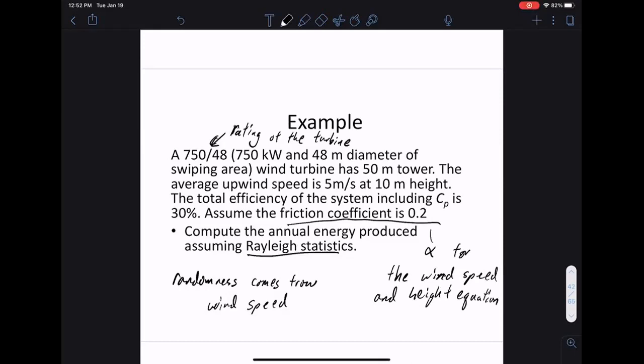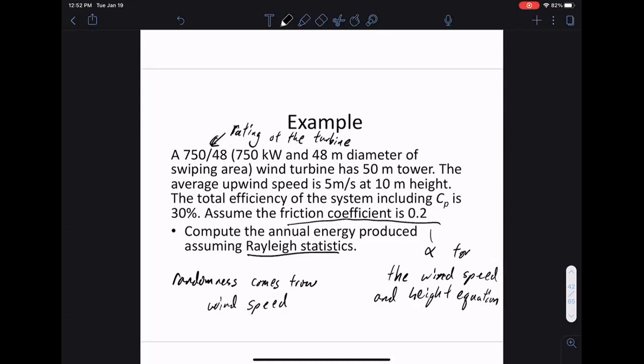Basically what we know is I have a 10-meter height, and my average wind speed is 5 meters per second. But my turbine is at 50 meters high with a tower. I want to know the average energy I can produce over the year.